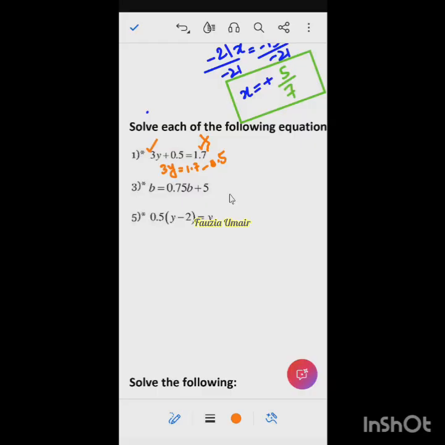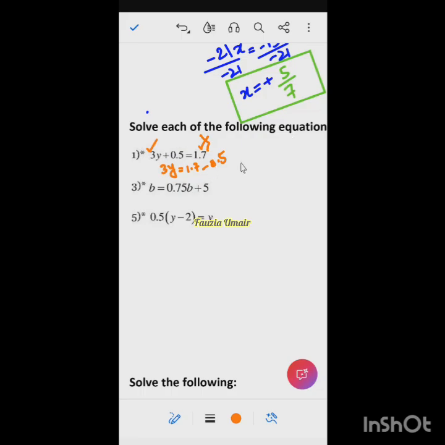Are you getting this? Yes. Okay, what have we done so far? This 3y is already on the left side, so we will not move it. The 0.5 should be on the other side of the equation, so we moved 0.5 to the other side. It was plus on this side. When it comes to this side, it will be negative.